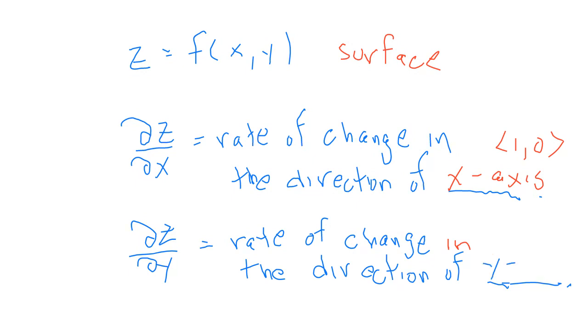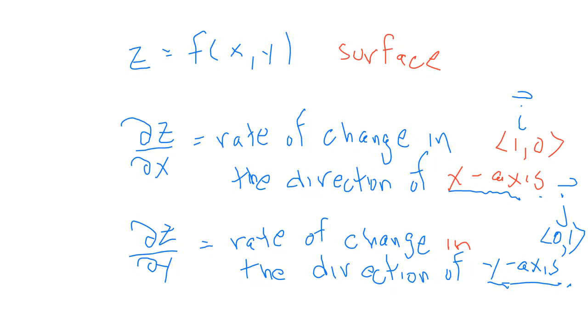That's right. And that would be in the direction of the 0, 1 vector. So these partial derivatives give rates of change of a surface in the direction of unit vectors i and unit vectors j.